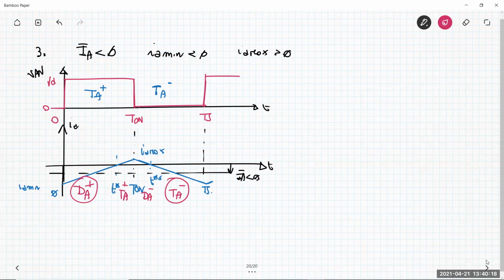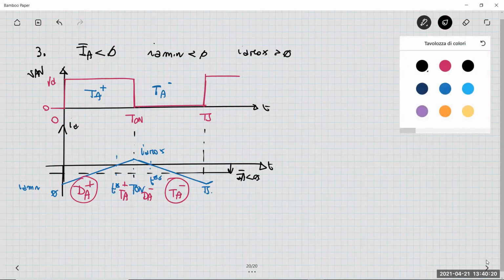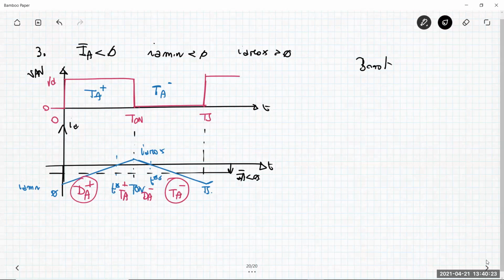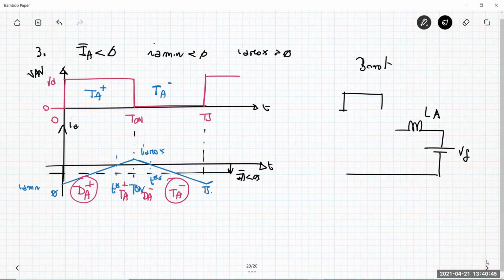But this situation is a situation you can find in a circuit that we call the boost. In a boost, you have something like this. This is the load, this is the capacitance.